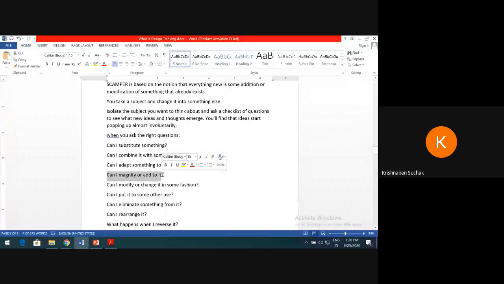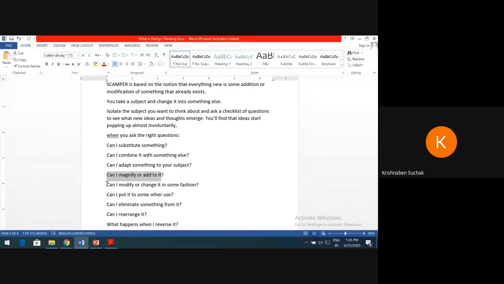That is the question. Whenever you see something, you need to ask certain questions to yourself. If I see a water bottle, I can ask myself, can I do something else with this water bottle? Then I can get an idea. After a few days or few months, I can plant a tree in this water bottle. That would be the best use of a water bottle.